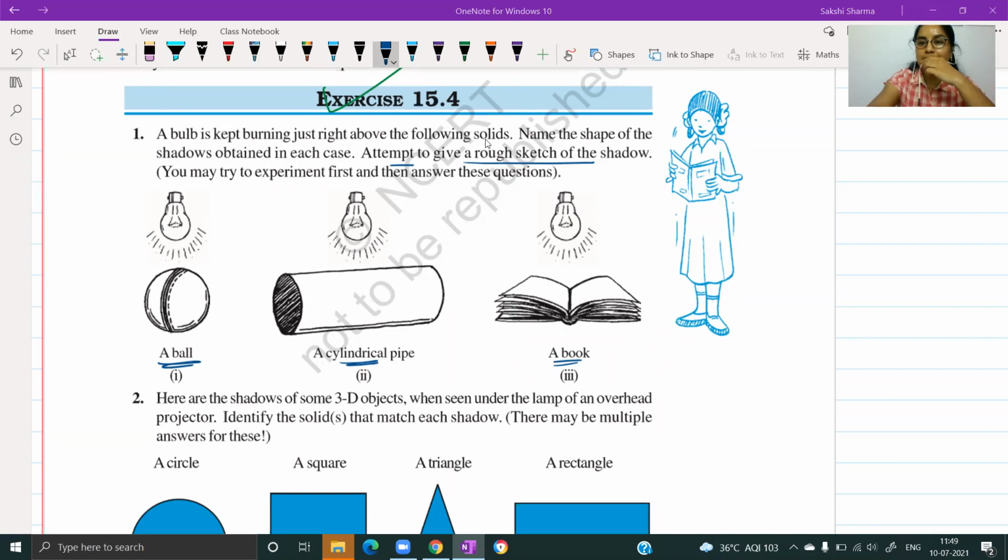So what do you think in case of a ball? Shadow कैसी होगी? Circle. Circle. Right? And in case of a pipe, you can just draw it on the base. Yes, you can just show it. इसकी जो shadow बनेगी वो rectangular होगी.